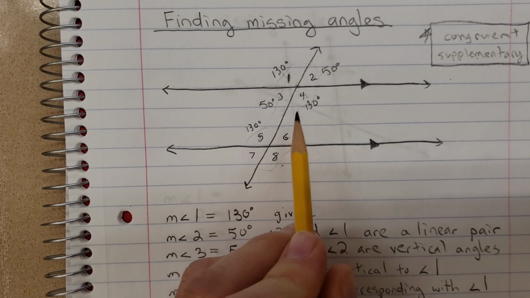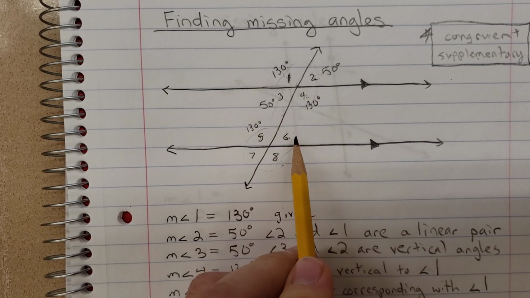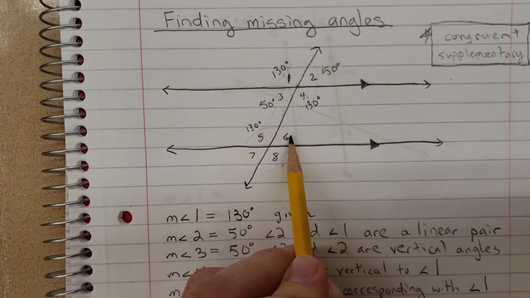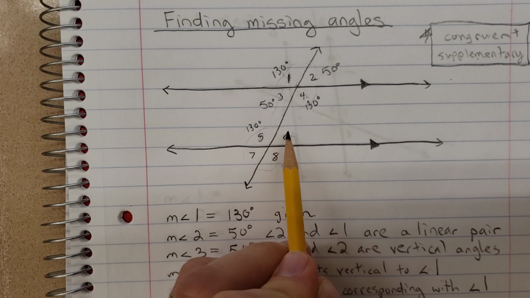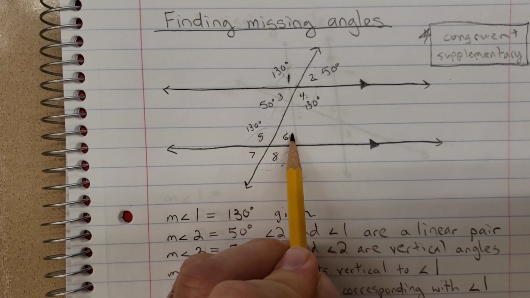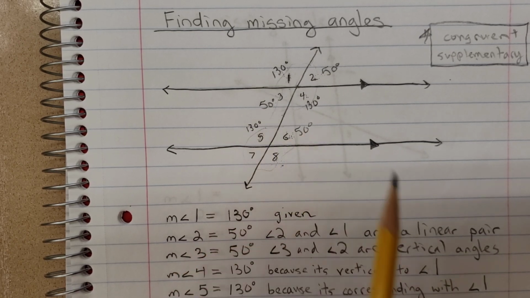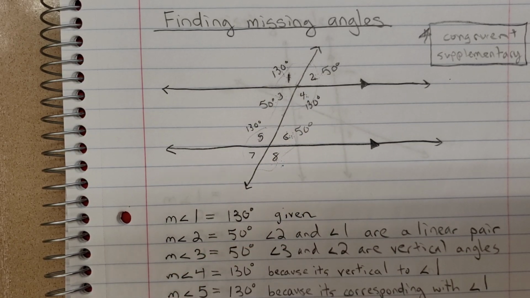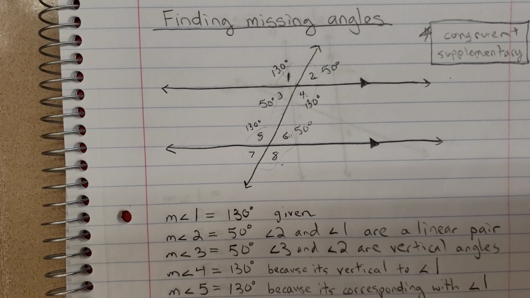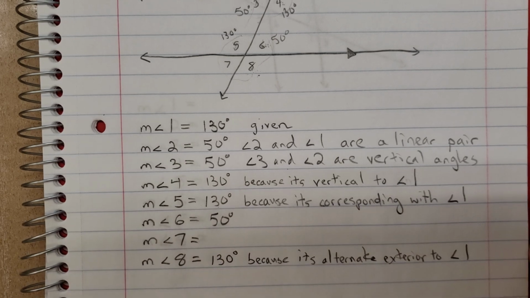Or we can say 6 corresponds with angle 2, so they're congruent, so 50 and 50. Or we can say, well, we have alternate interior angles, which are always congruent. 6 and 3, so they're congruent, so that's 50. Okay, so any way we slice it, we get 50 degrees for angle 6, and which one do we want to choose?